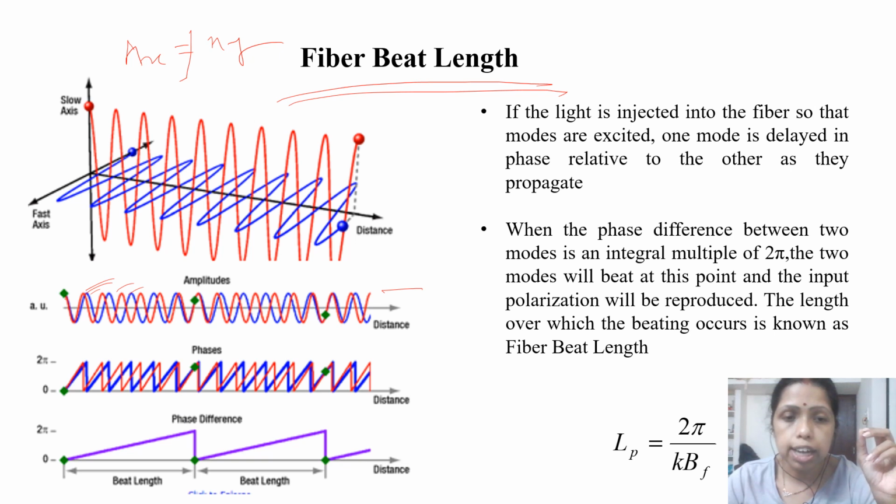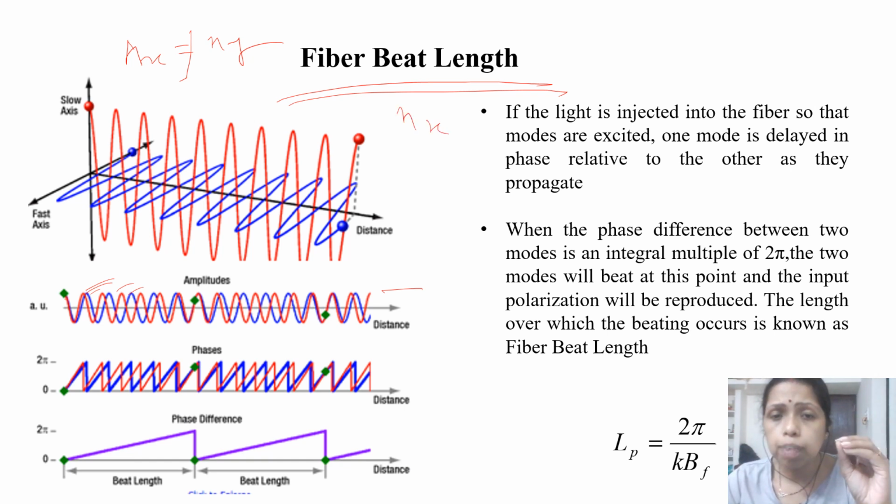Here it increases a little, and this is due to the medium only, due to the imperfection and the refractive index. After a certain period of time, at some location of the fiber, it may happen that Nx is equal to Ny. So you can see that at this moment, both phases are equal. Over this distance in the phase graph, both phases are equal.